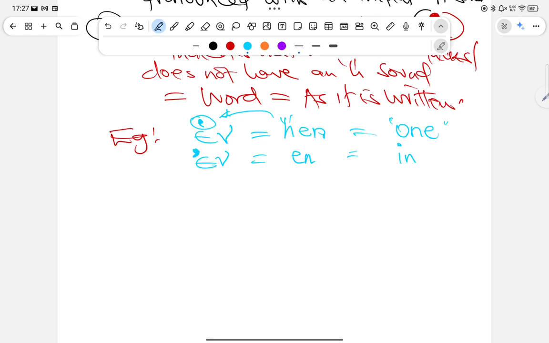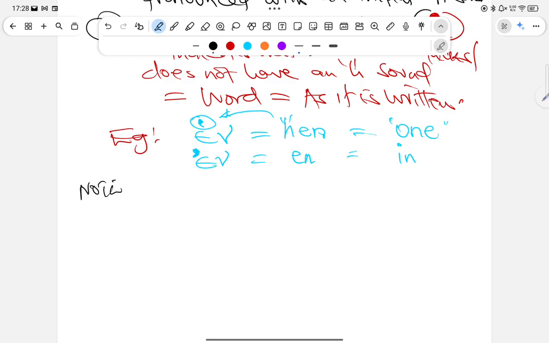Now, also the way it is written. If you remember, we just spoke about the diphthong, two vowel sounds put together to form one syllable. If the word in question begins with a diphthong, then the breathing mark is put on the second letter, not on the first.